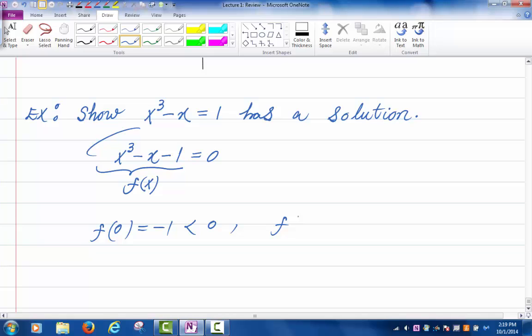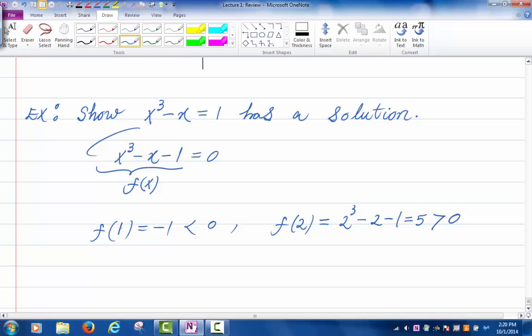Yeah, if I take x to be 2. Actually, instead of taking 0 here, I am going to take 1, and still it's negative 1, so it's negative. And f of 2 would be 2 cubed minus 2 minus 1, which is 8 minus 3, which is 5, which is positive, right?